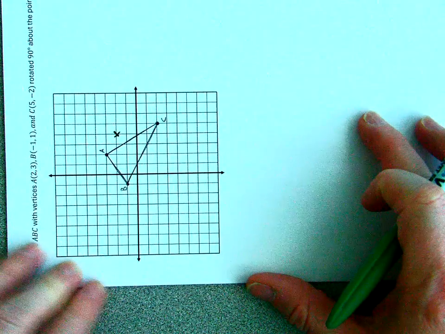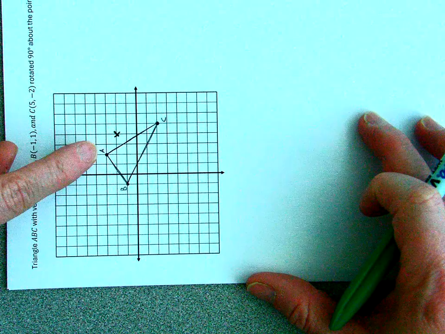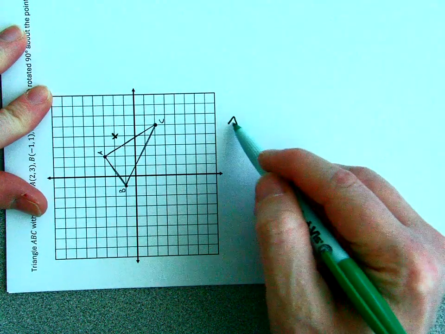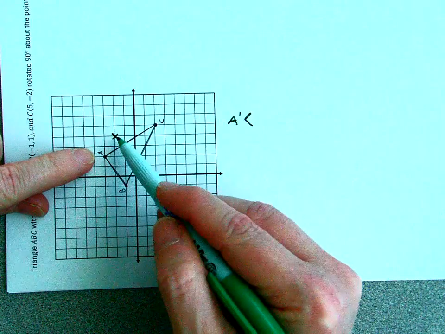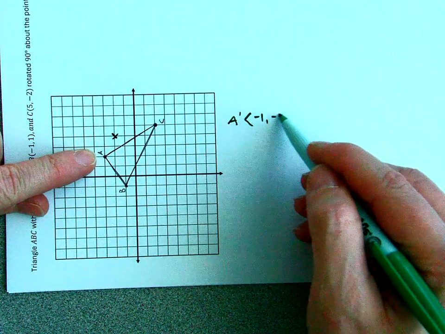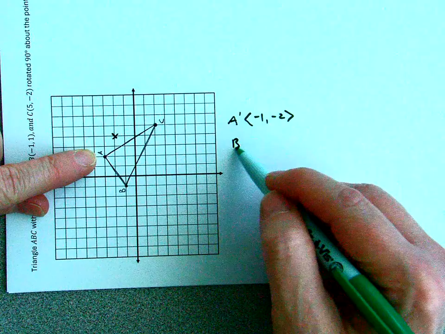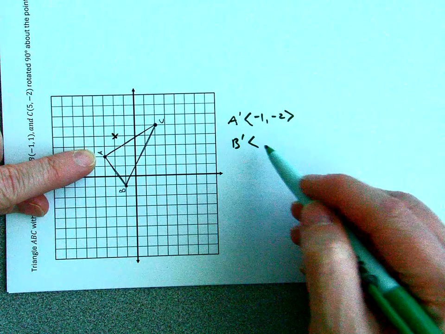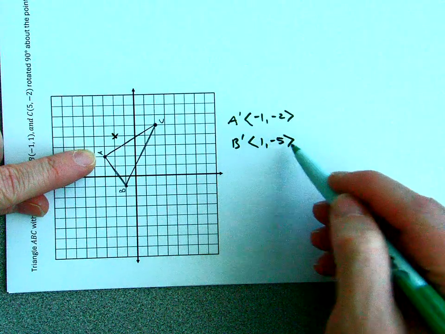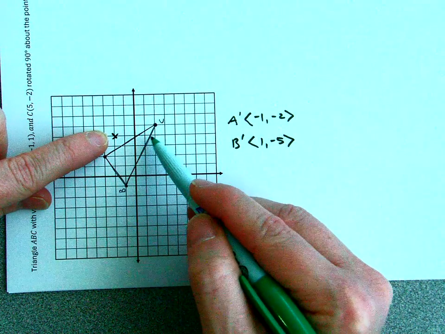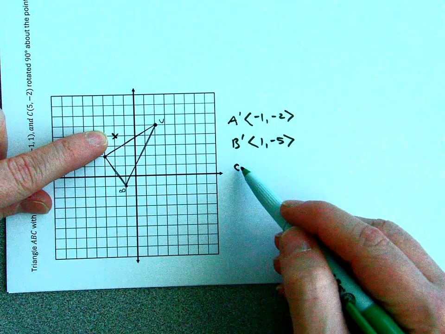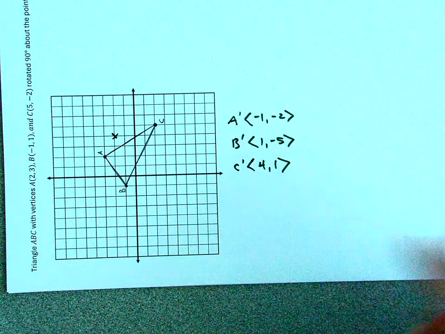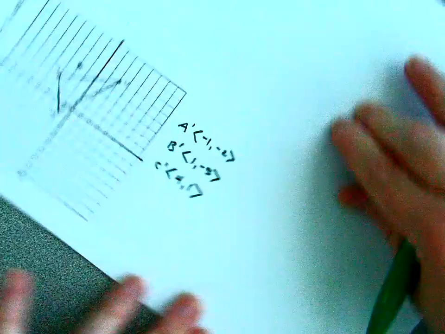Now from this center of rotation, I need the distance that I travel to get to these points. So I'm going to label these again as vectors. This is going to go left 1, down 2. In order to get to B, I'm going to go what? Right 1, 2, 3, 4, 5, down 5. Then I'm going to go 1, 2, 3, 4, up 1 to get to C. Now that I know my movements, turn this back where it belongs.